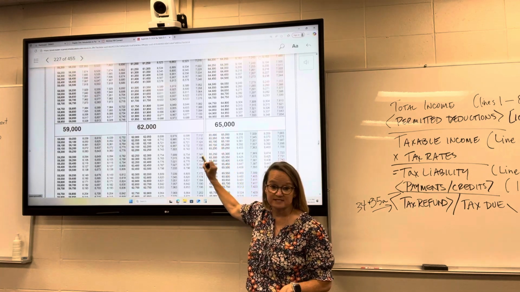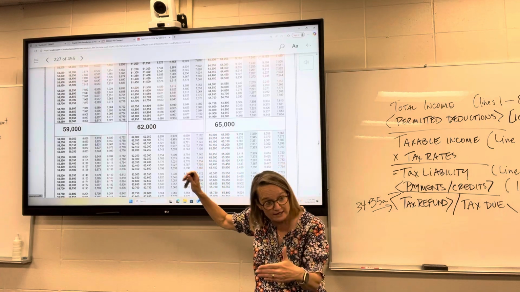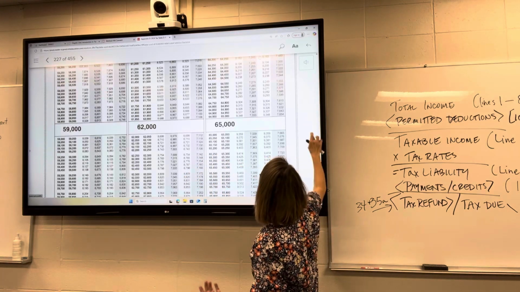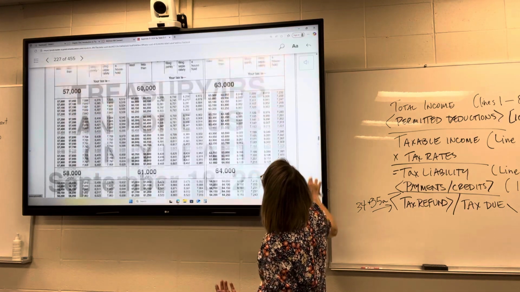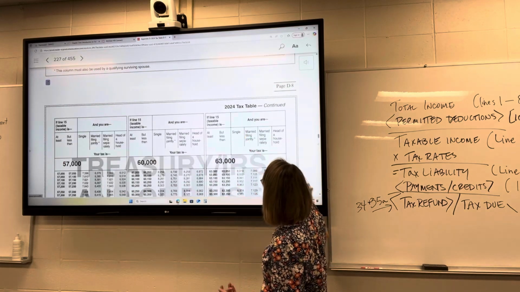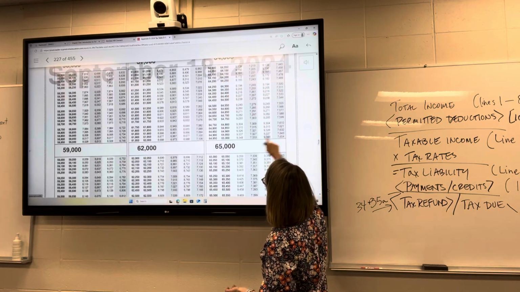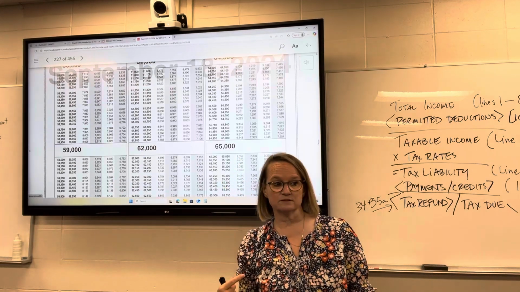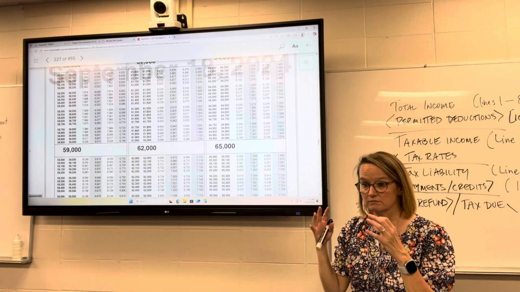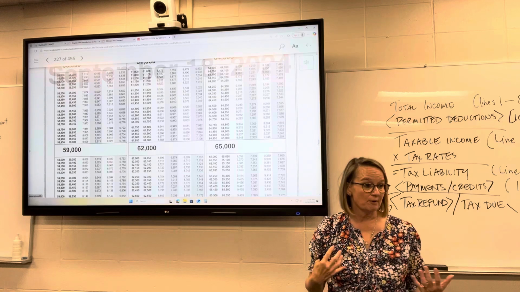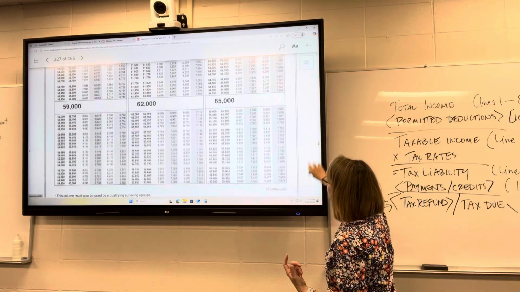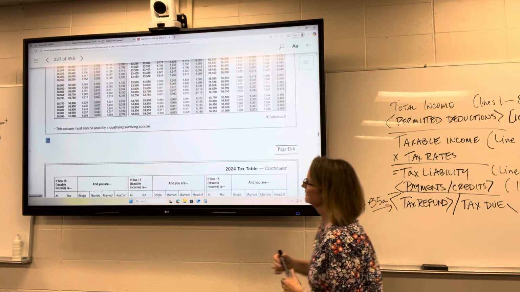So you want to use the second line. So if it falls right on the line, you want to use the second one. So 65,000 and they're single. These are all filing statuses. First column is single. 65,000, 93.59 is the tax. So very simple. You can just look it up on the table, right? So that's there.